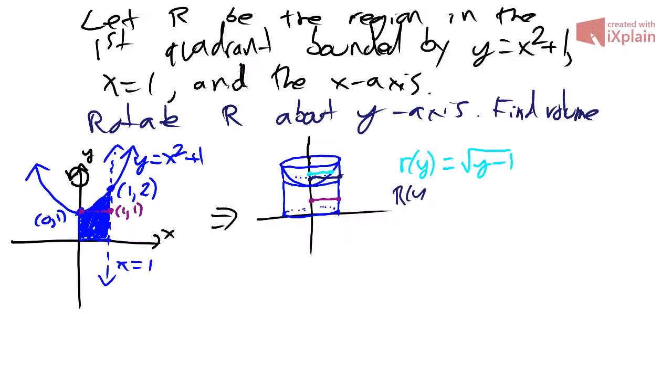Big R of y, that's going to be given by just 1. And now we're going to have a second r of y, a second large radius, and that's also given by 1 for this bottom part. So it's kind of like we're splitting this into two pieces.